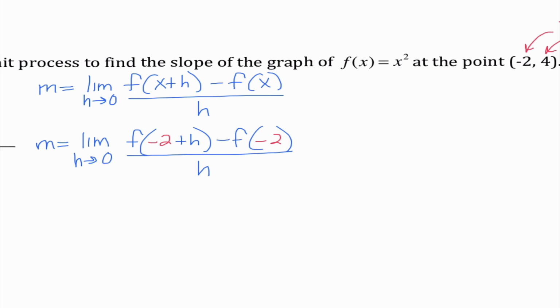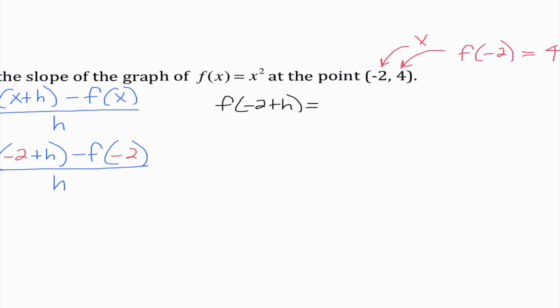Okay, so when they give us a specific x value, I can substitute that in, and it's just going to save me a little bit of time. Okay, so I need to go ahead and figure out these two values. So I'm going to start, and I personally like to do this off to the side. I'm going to do f of -2 plus h. And just to review what that means is that wherever there was an x, I'm replacing it with -2 plus h.